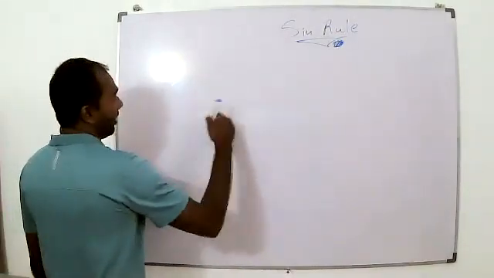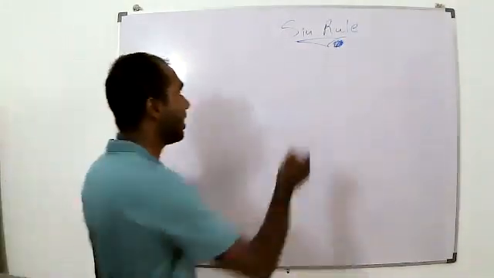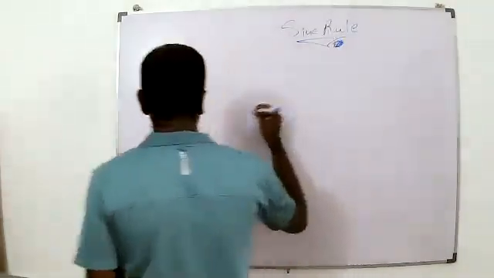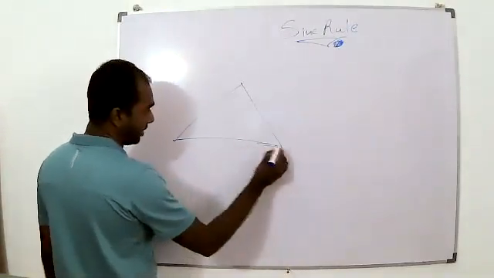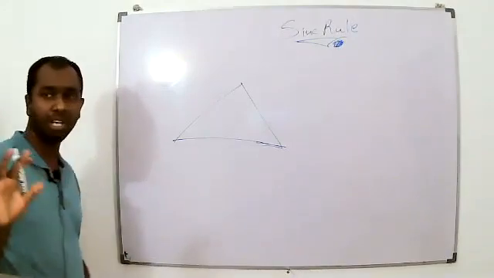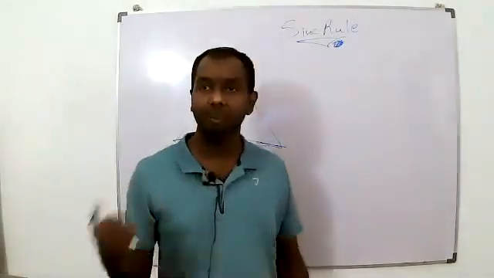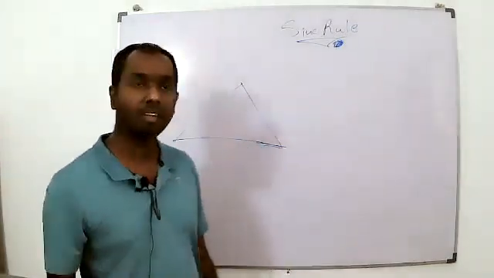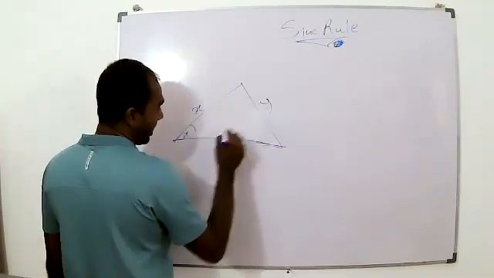Before the sine rule, we discussed which rule? Cosine rule, no? The cosine rule is a relationship between three sides and one angle of a triangle.